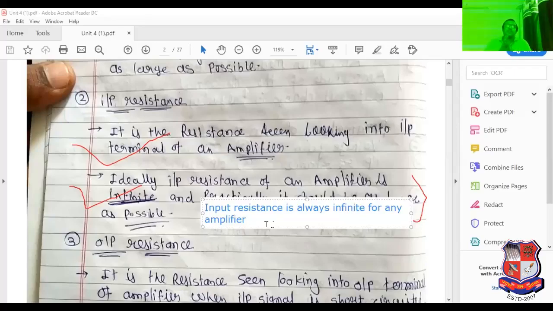Why is input resistance infinite? Because if input resistance is infinite, then we can apply the input at the minimum condition.